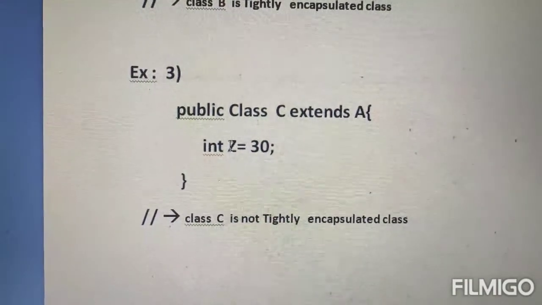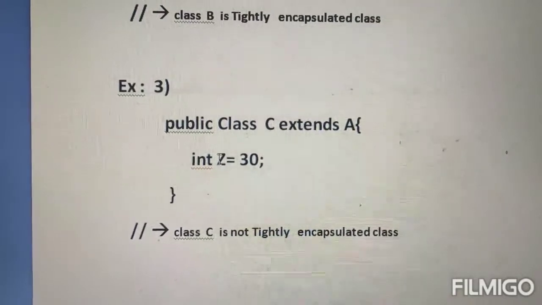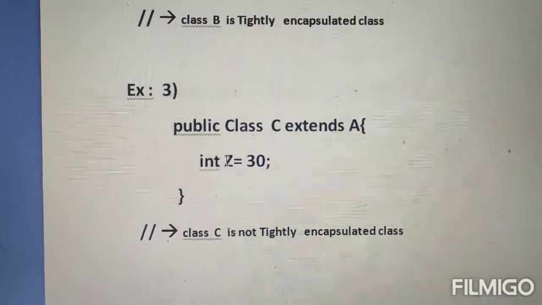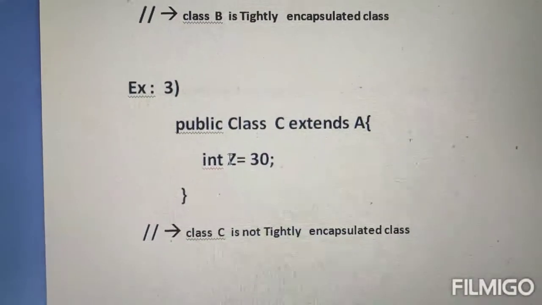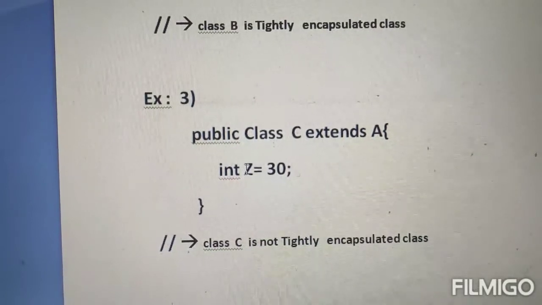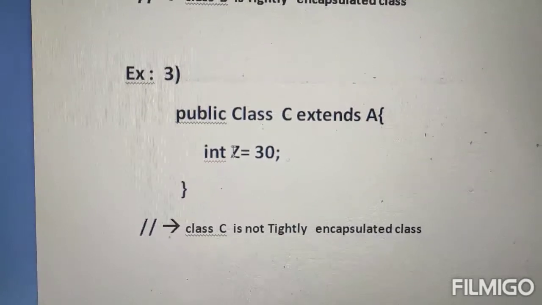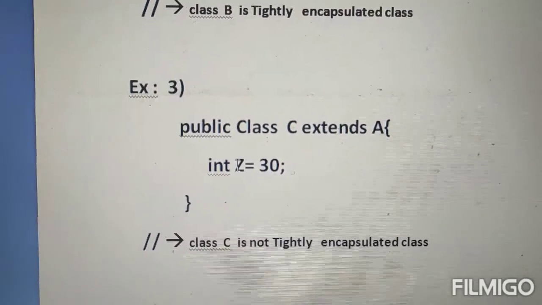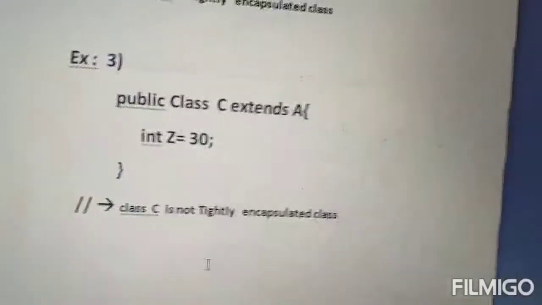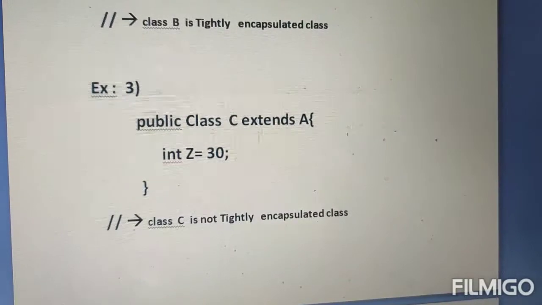As we just saw, only if a class has all data members declared as private is it a tightly encapsulated class. But as C has a non-private data member Z, that class is not a tightly encapsulated class. Hope you guys understand all the topics we covered so far.